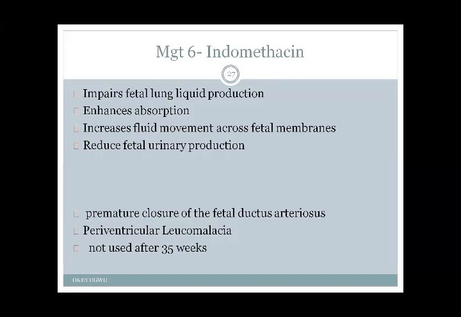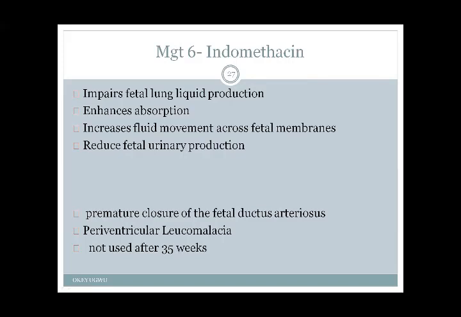But on the other hand, it causes premature closure of the ductus arteriosus, and periventricular leukomalacia, and therefore it should not be used after 35 weeks. Because the time of delivery is nearby and we are at risk of premature closure of the fetal ductus arteriosus, we are not going to use it as a remedy after 35 weeks of gestation.